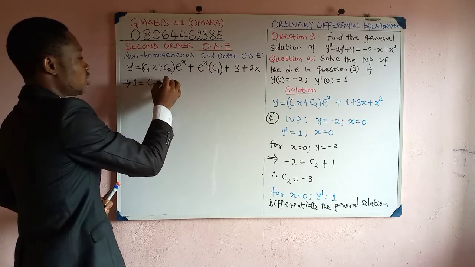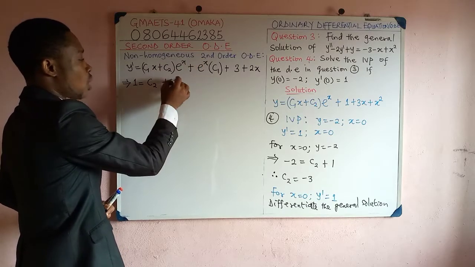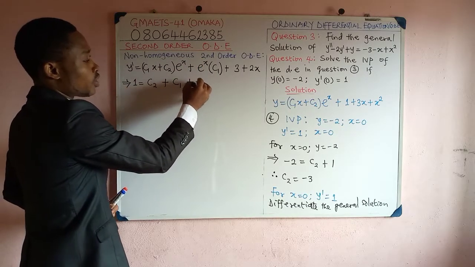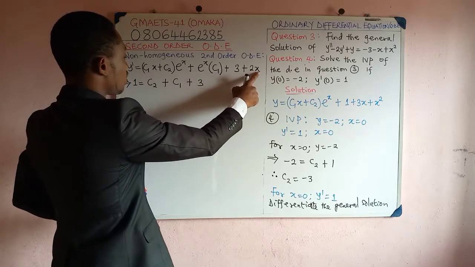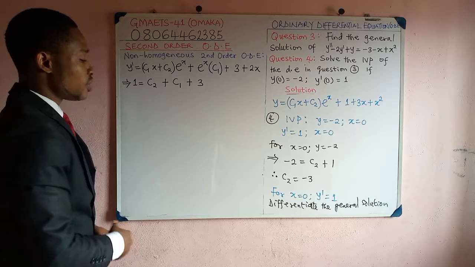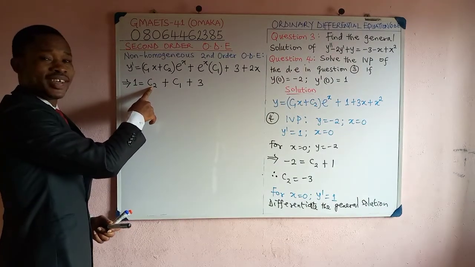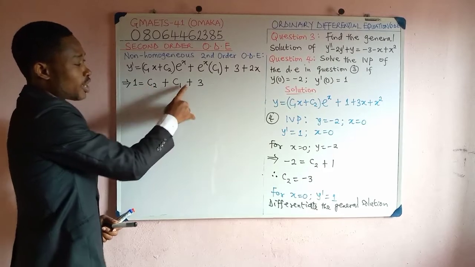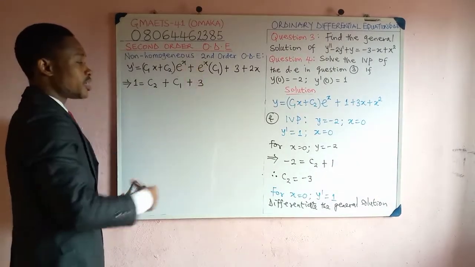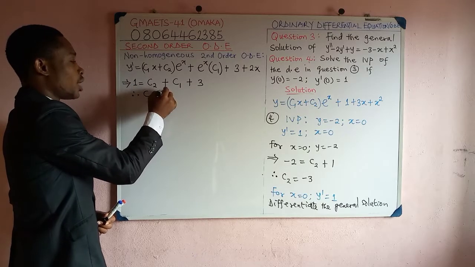Come over here, you have plus exponential 0, which is 1, times c1 will give us c1. Then plus 3, and 2 times 0 gives us 0, it goes off. Already we know the value of C2. C2 is minus 3. So fix minus 3 here for C2. It's going to be minus 3 at this point, plus this 3. And minus 3 plus 3 is 0. Therefore, we've obtained our C1 to be equal to 1.